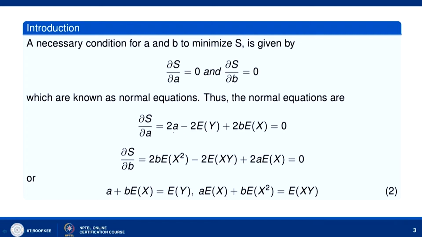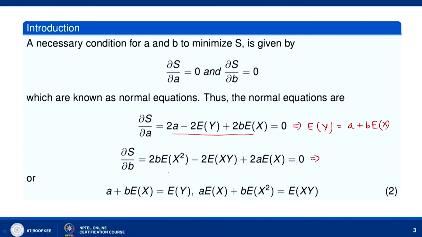Now, this equation gives us a minus E[y] plus b E[x] equal to 0, or I can say E[y] equal to a plus b times E[x]. And from the other equation what we get?